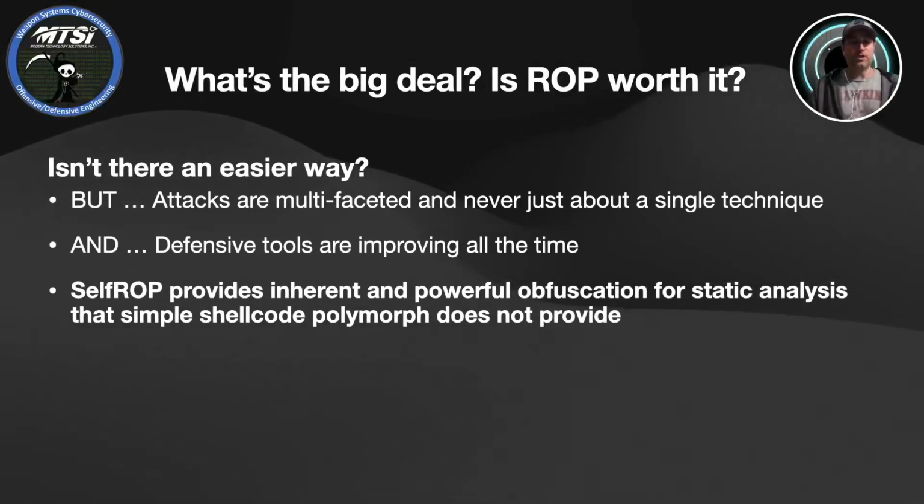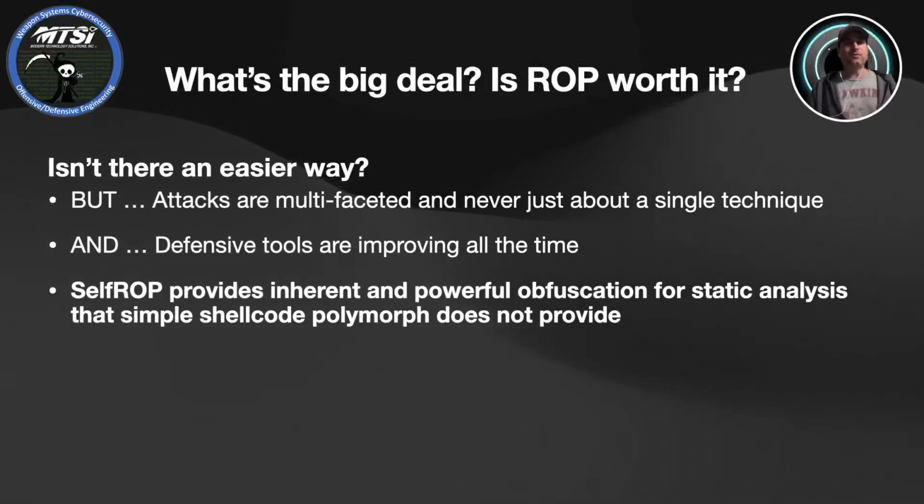And I hope you saw that in the demo, especially when we looked at the source code of the program, that you can dress it up to make it look extremely benign. And unless you do a lot of low-level reverse engineering to understand the program or a bunch of dynamic analysis, you're not going to really see that it's going to overflow itself and run a hidden ROP gadget chain.